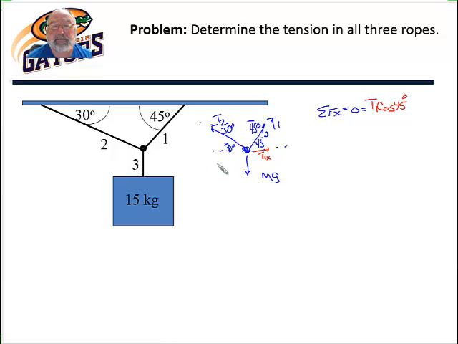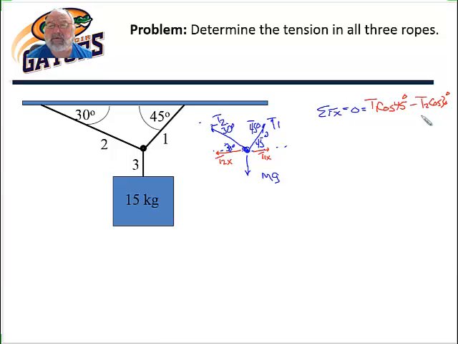And then T2 is pointing to the left or the negative direction. T2 in the x direction would be T2 cosine of 30 degrees, but it's pointing left, so it's minus T2 cosine 30 degrees.